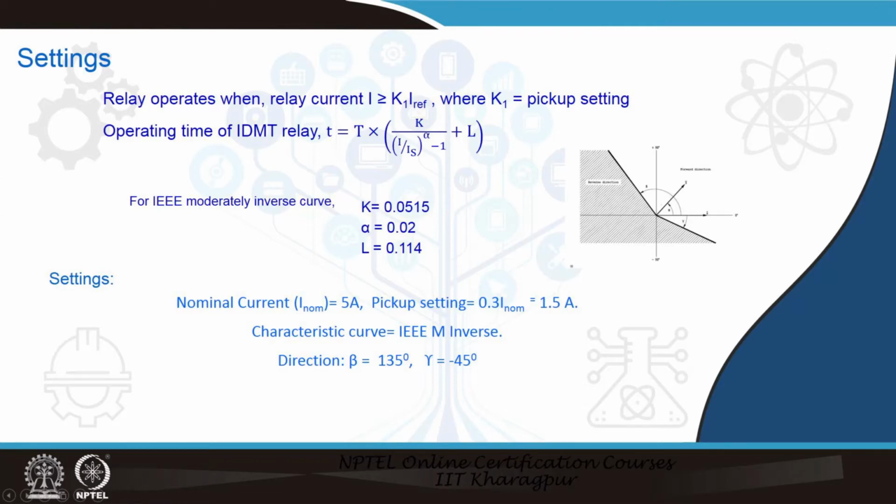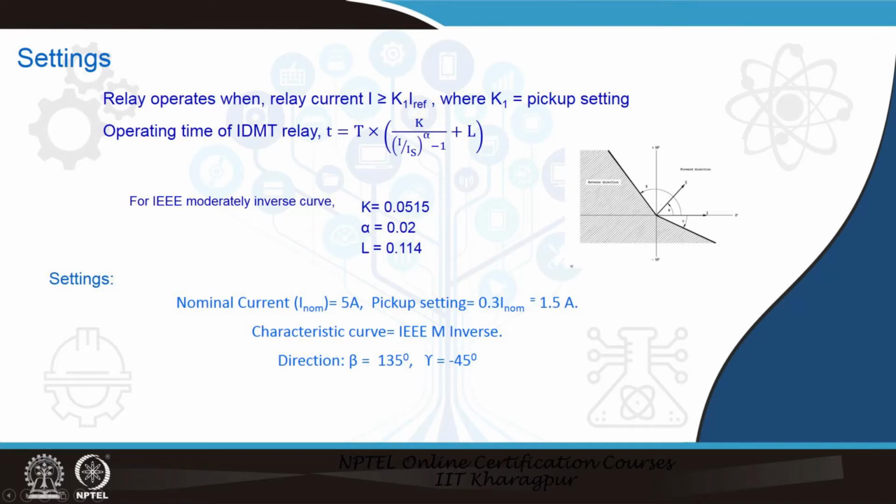This is also well addressed in our theory. The k, alpha and L values are as provided in the IEEE standard. We expect it will follow the overcurrent relay characteristic, that is one aspect, but here our objective is to emphasize more on the directional relay perspective.